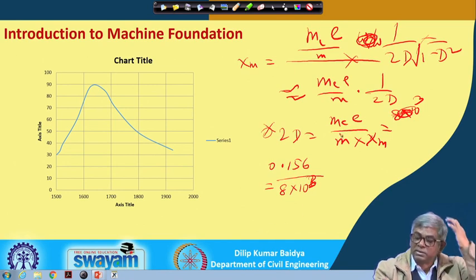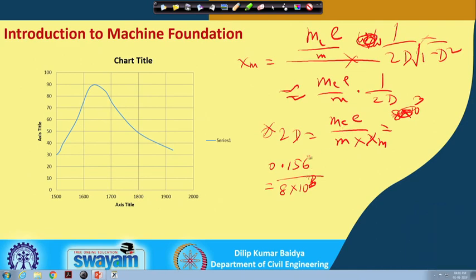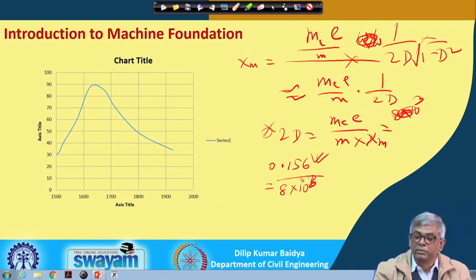Since both are mass, if I multiply g both sides, it gets cancelled. So directly W into E, and here Xm is 90 multiplied by 10 to the power minus 3. This is your 2D.